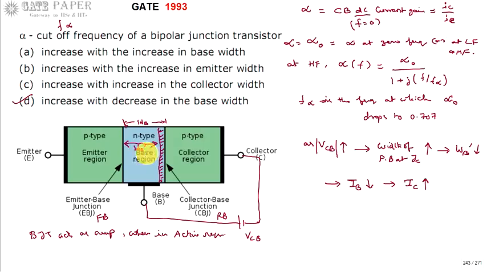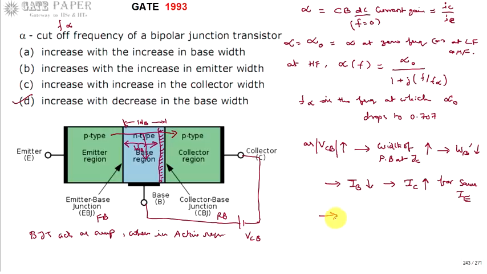Since fewer charge carriers recombine compared to the previous case, IC increases for the same IE. Even though you are not changing the emitter current, you get more collector current as VCB increases.